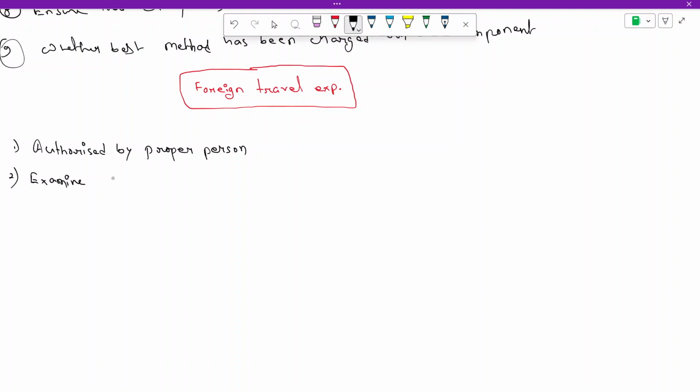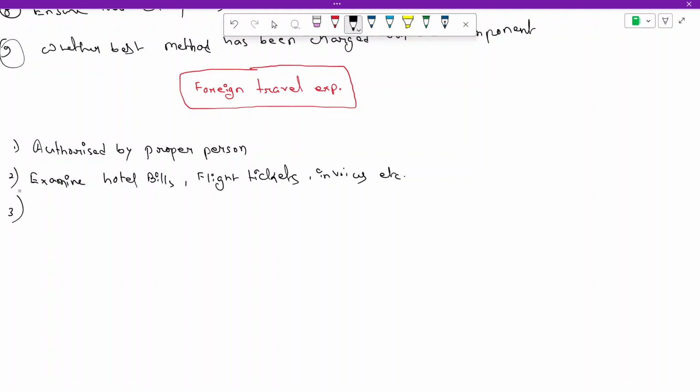Examine hotel bills, flight tickets, and invoices, etc.